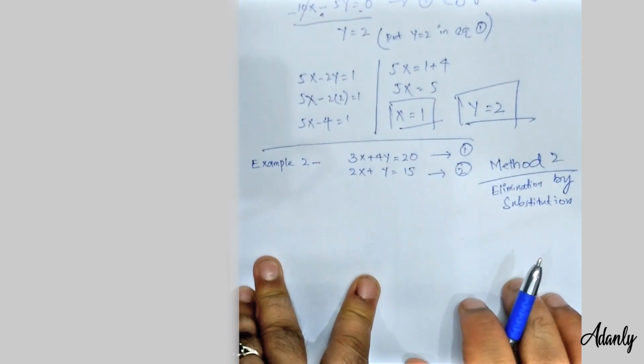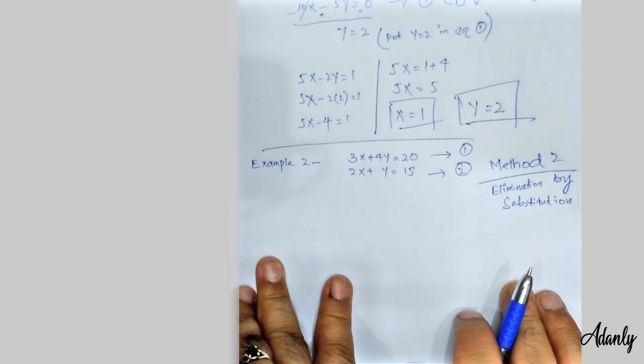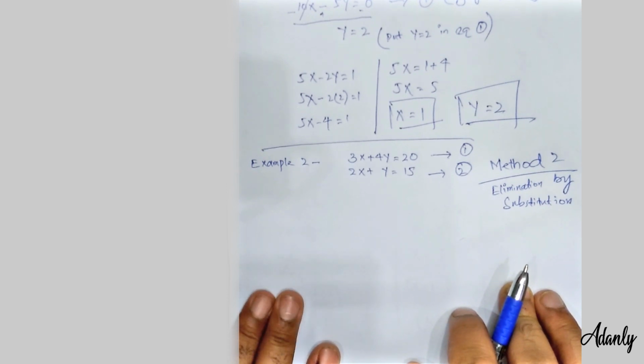In elimination by substitution, we will find the value of x or y from either equation 1 or 2, and then we will put the value of either x or y in the other equation, and this way we will get the values. Let's solve the example and see how this really works.